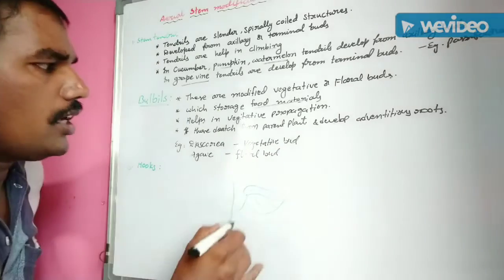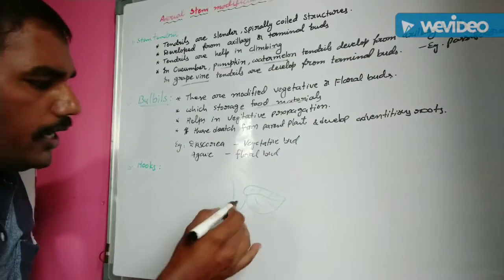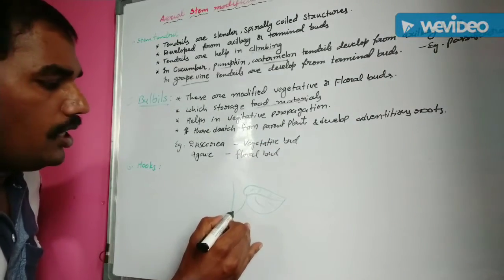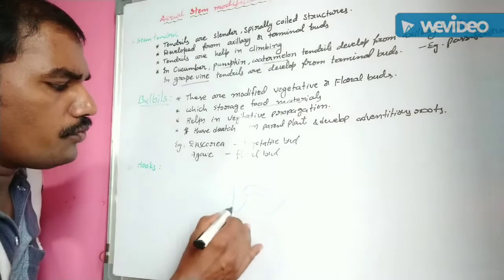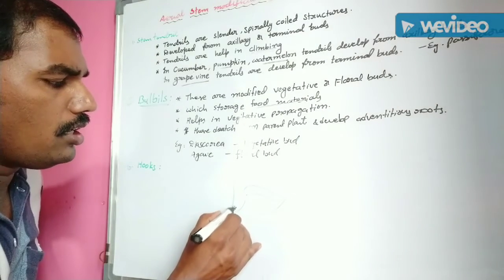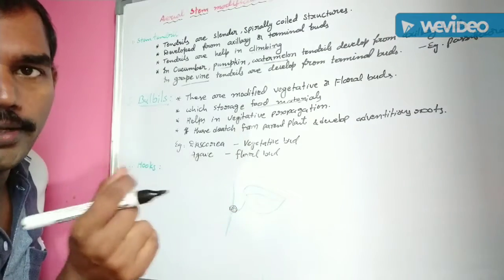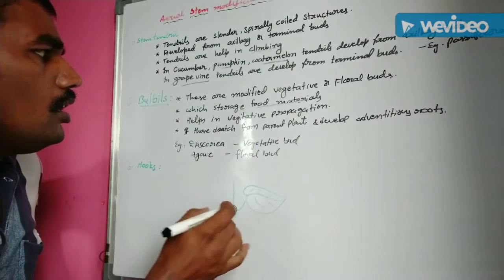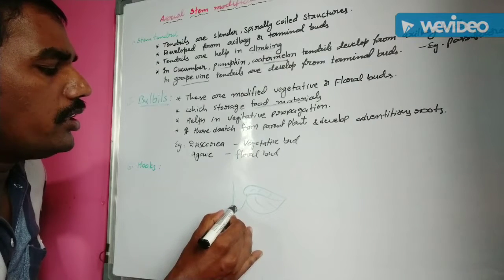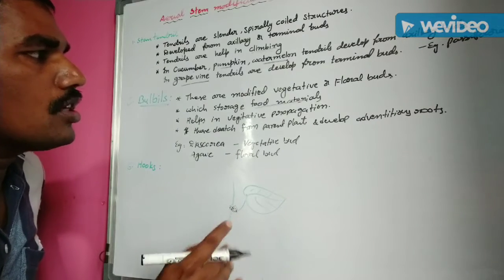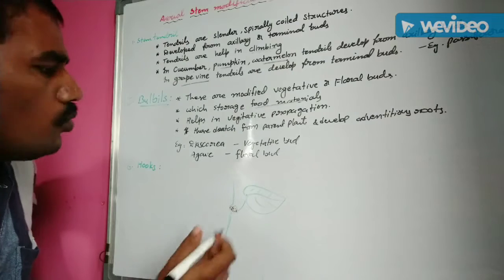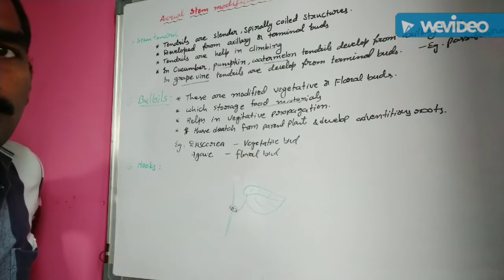Suppose this one is the Dioscorea axillary bud. The axillary bud stores food materials and forms a tuber. Storage accumulation of the food material. The axillary bud is modified into a tuber-like structure. This one is called bulbils.